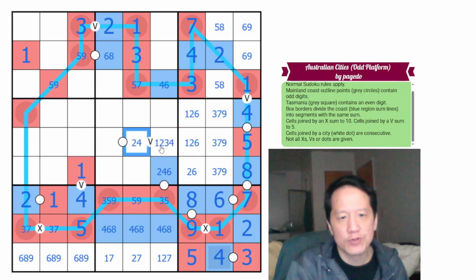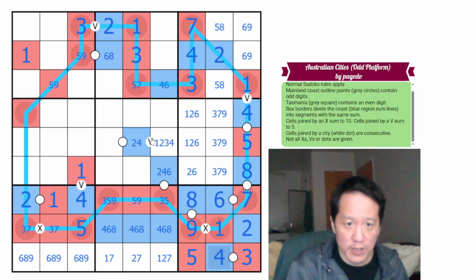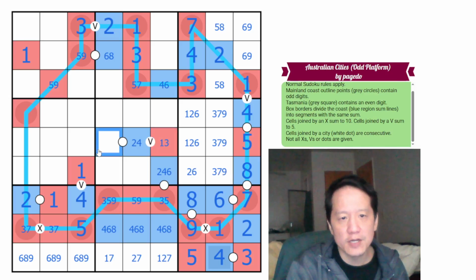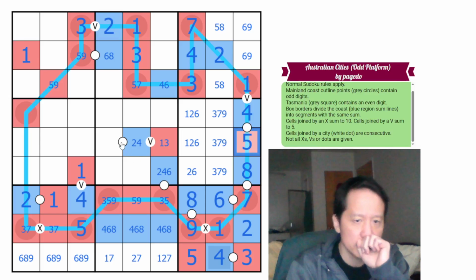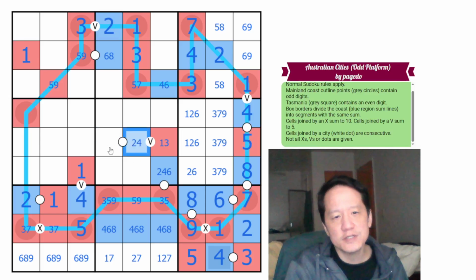These can't be 1 or 3, so this has to be an even, which means this must be an odd digit. So this is 1 or 3. And you cannot have a 5 here because of the 5 already in the row. Therefore, this is consecutive with 2 or 4. It must be also odd, and it's 1 or 3.